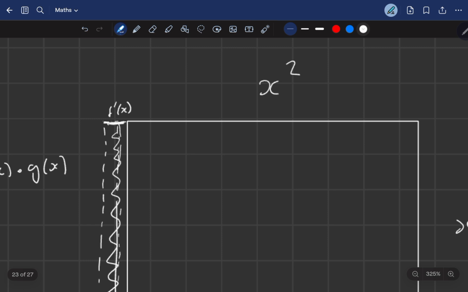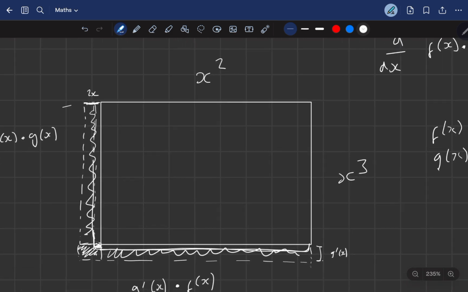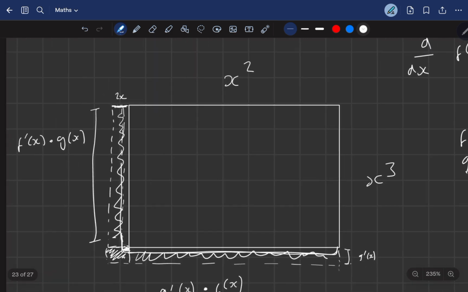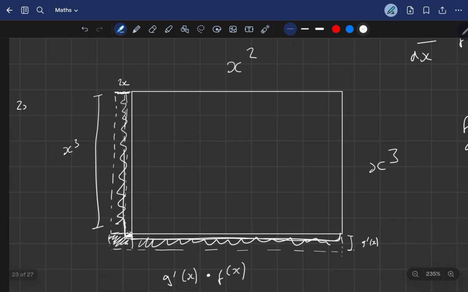Now, for a small nudge in x, what is the change of x squared? That is just the derivative, and we know that comes down to 2x. And obviously this length right here is still going to be x cubed. So that area is just 2x times x cubed.